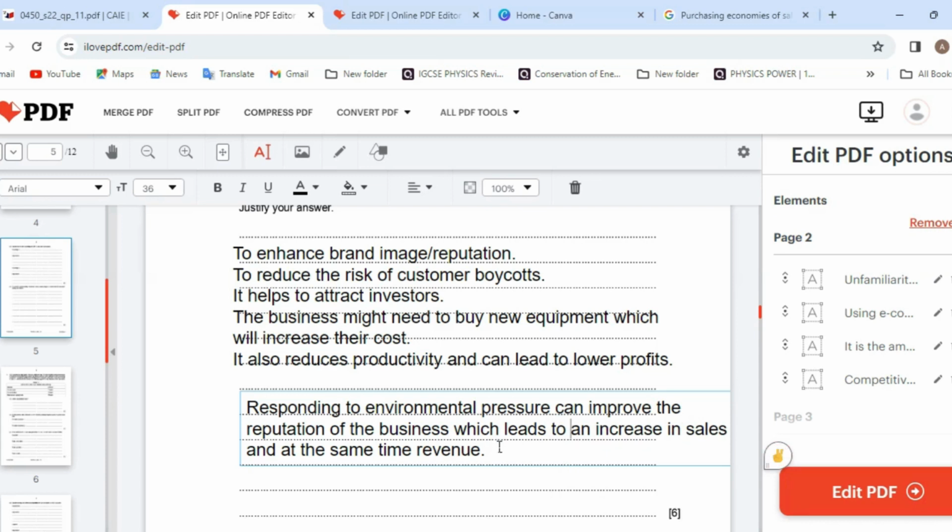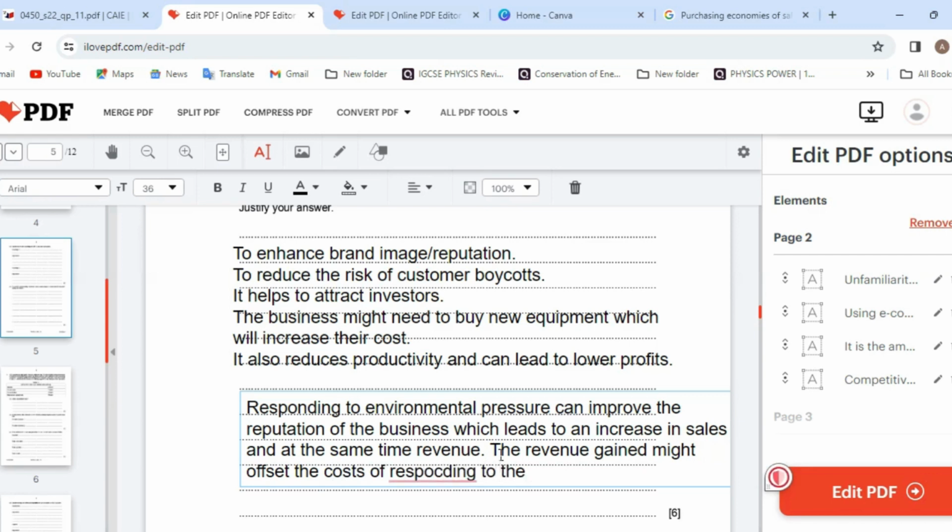Their revenue gain might offset the cost of responding to the environmental failure.